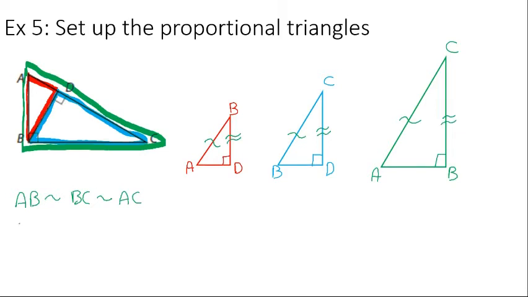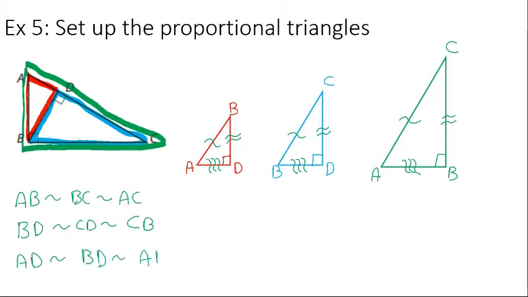So I could say here BD similar to CD similar to CB. And the last one, these three, so that'll be AD similar to BD similar to AB.